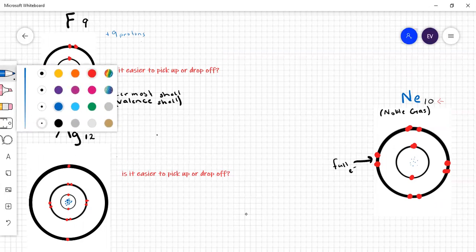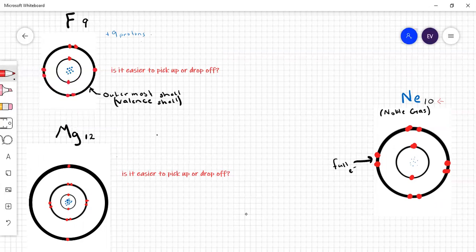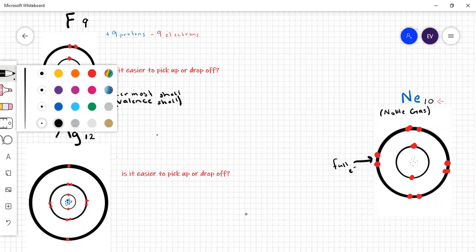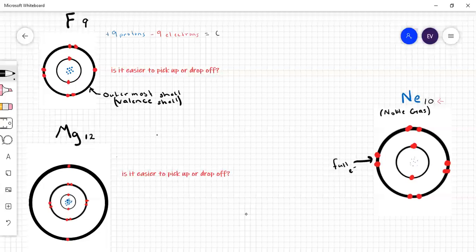And it has 9 electrons. Electrons carry with it a negative charge. If I have 9 protons and 9 electrons, then I have 1 negative for every positive, which means I end up with a 0 charge. I'm neutral. 0 charge.